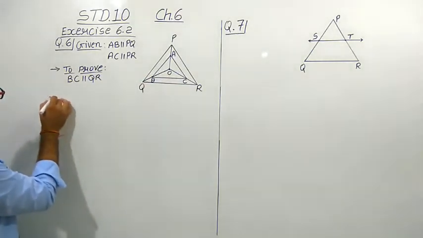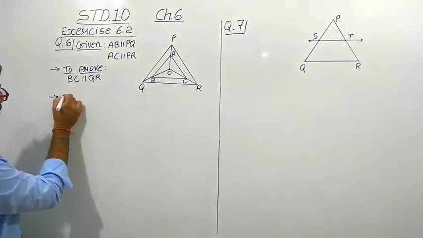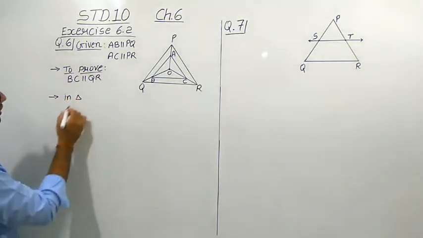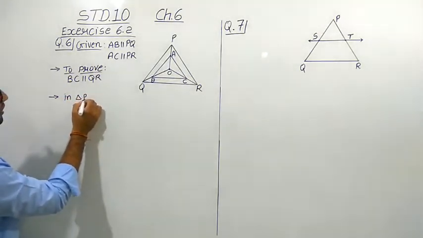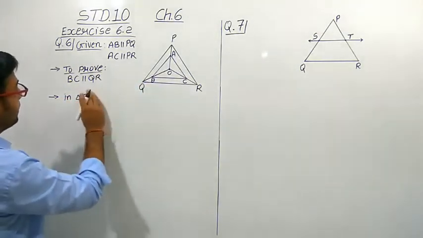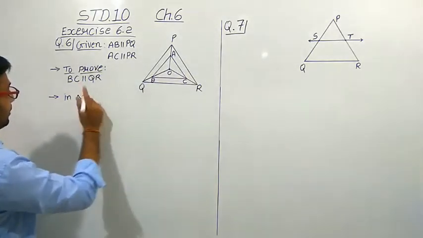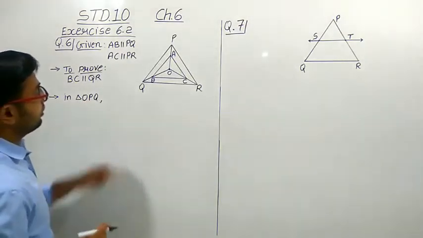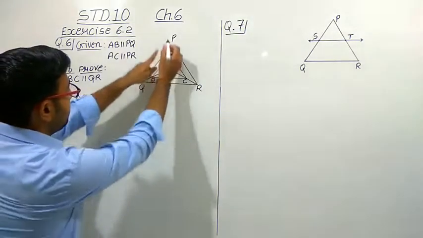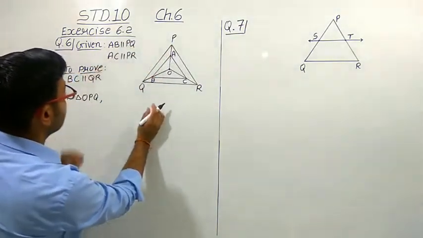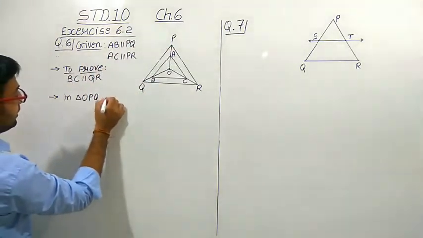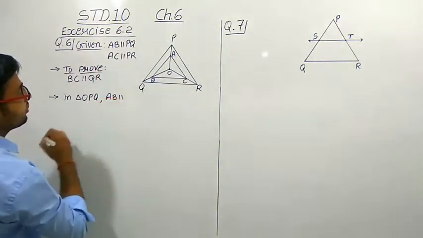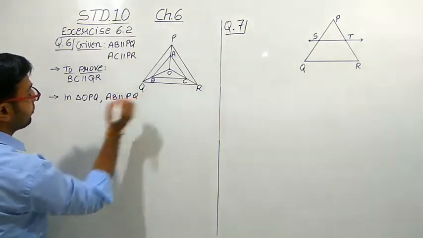Now we consider this triangle OPQ. Here we know that AB is parallel to PQ, that is given.